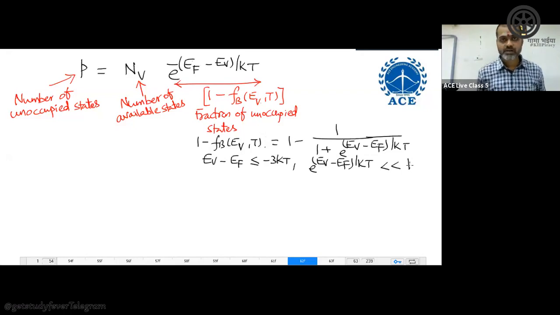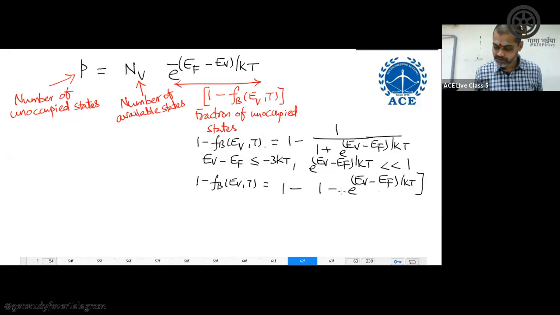And using the binomial expansion, you can write this. What is the binomial expansion? I have already explained this. 1 plus x whole power n is equal to 1 plus nx. So if that is the case, what am I going to get? 1 minus, this is 1 minus, am I correct?